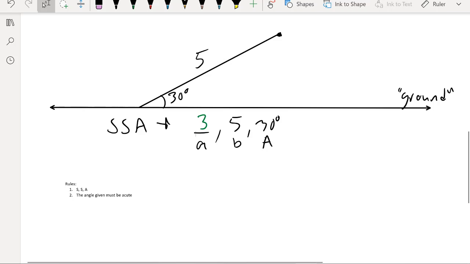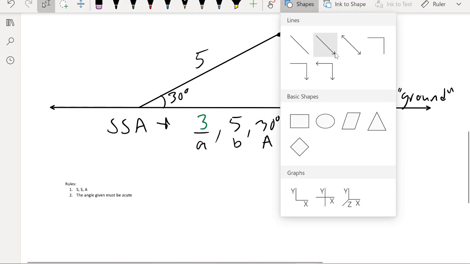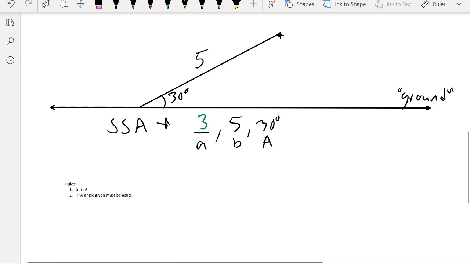There's going to be exactly 1 triangle if I go straight down. All right, so I'm going to use a different color for this. If I go straight down, I have exactly 1 triangle because there's only one way to go straight down. If I were to go to the left or to the right of that and hit the ground, it wouldn't be straight down, and it'd give me a number that's bigger than that.